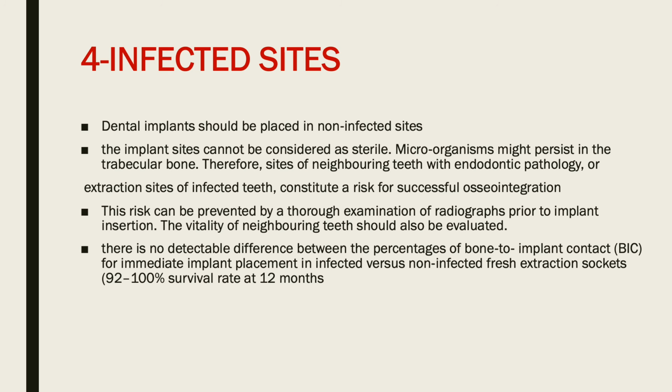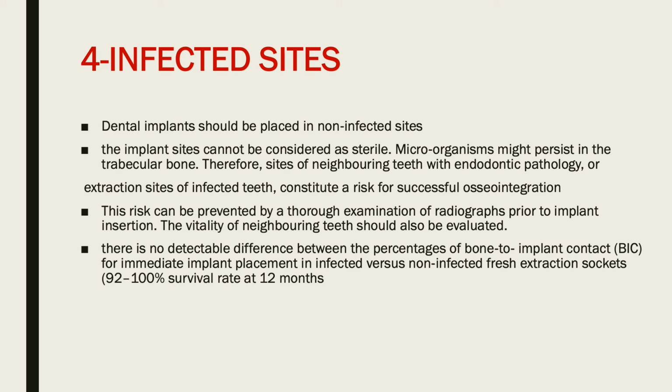Infected site. Dental implant should be placed in a non-infected site. The implant site cannot be considered as sterile, as microorganisms may persist within the trabecular bone. Therefore, sites of neighboring teeth with endodontic pathology or extraction sites of infected teeth are considered a risk to successful osseointegration. The risk can be prevented by thorough examination of radiographs prior to implant insertion.